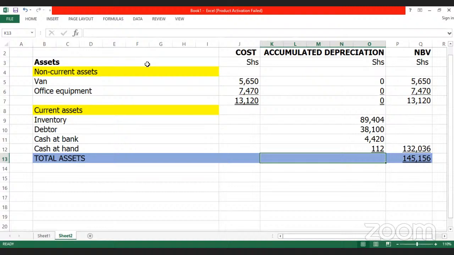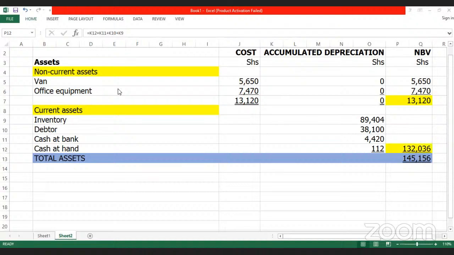How did you get total assets? You're adding the total net book value of the non-current assets, plus the current assets.